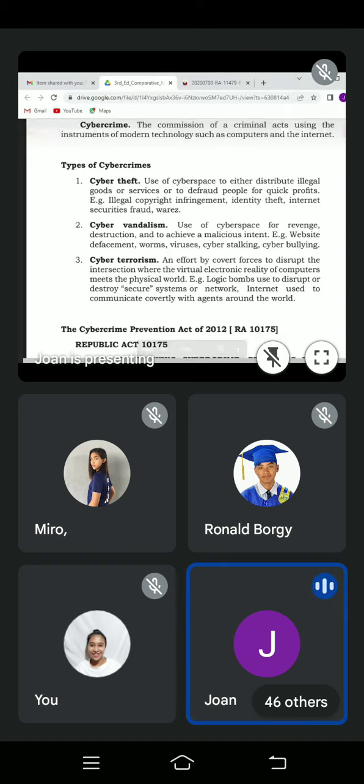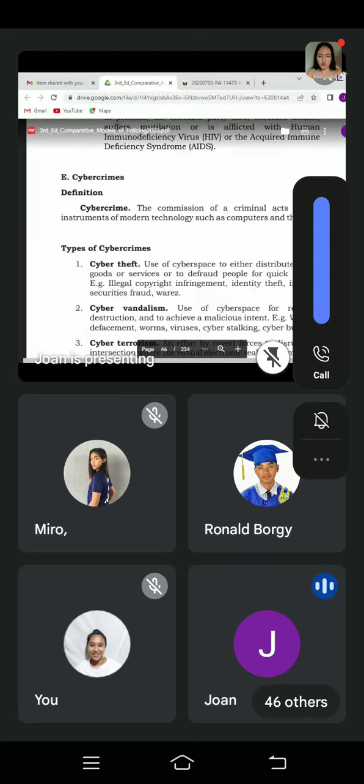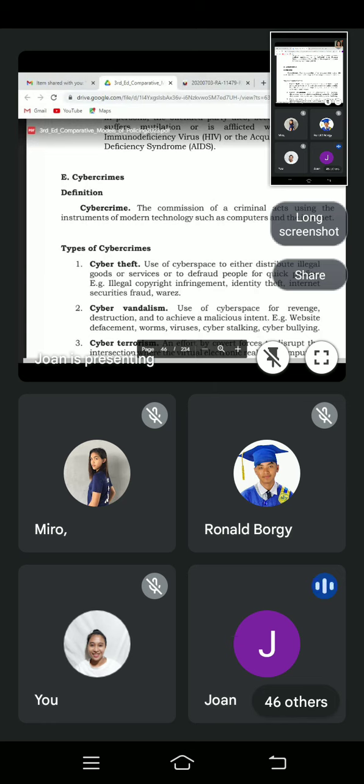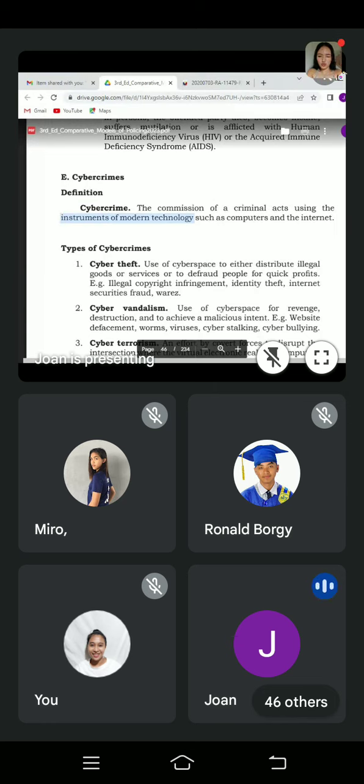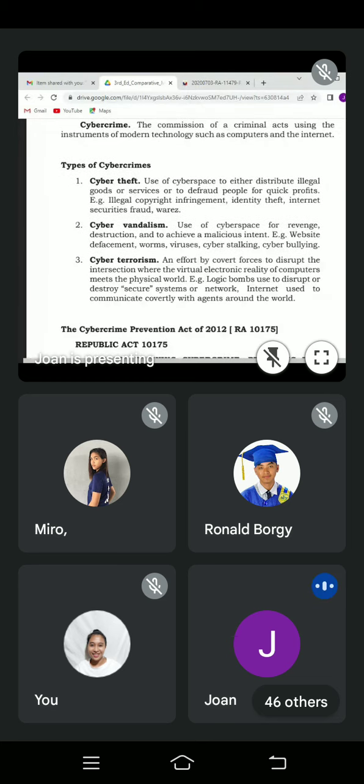All right, types of cybercrime. We have cyber theft, cyber vandalism, and cyber terrorism. So what is cybercrime? It is the commission of a criminal act using the instruments of modern technology such as computers and the internet.